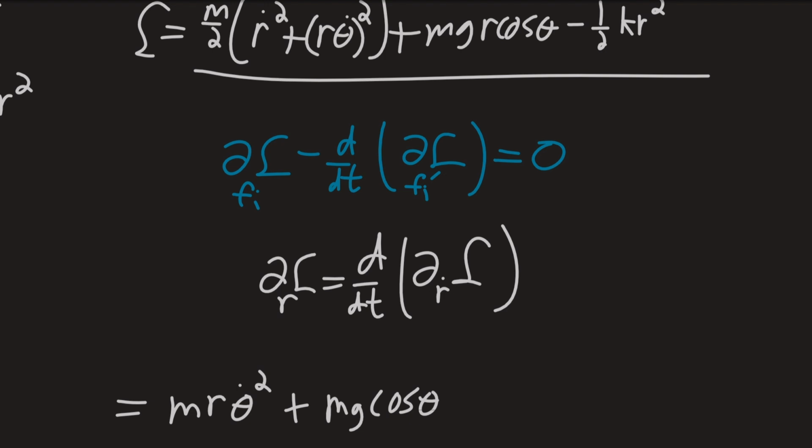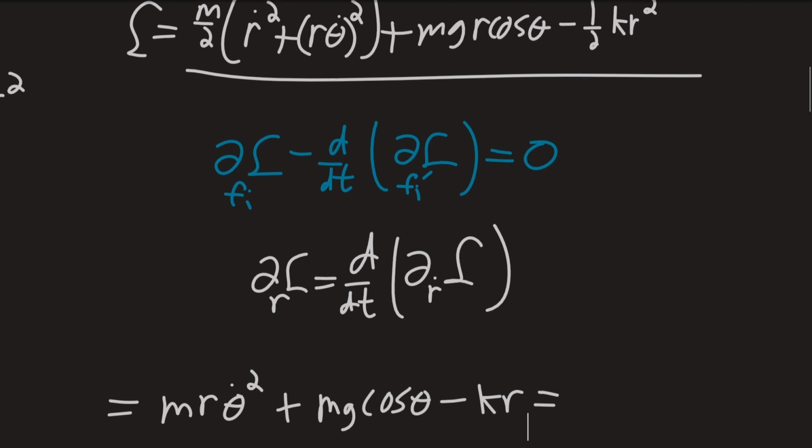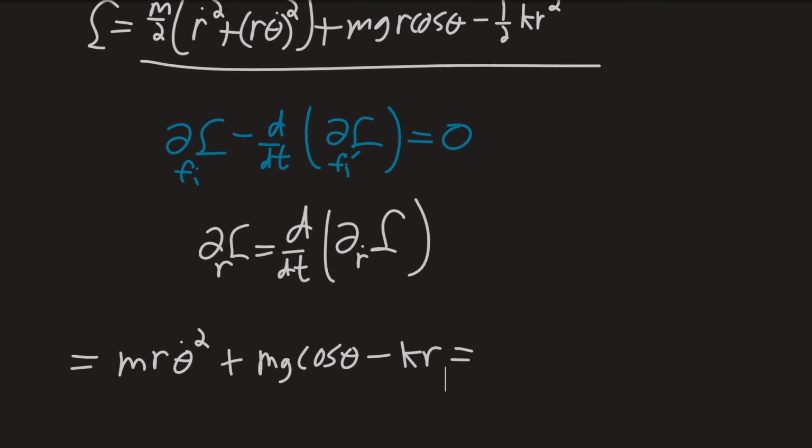And then we're just going to have minus kr here. And that must be equal to the derivative with respect to time of the partial derivative with respect to r dot of our Lagrangian. And that right there is actually a lot simpler because we only have one place where that appears. So that's just the derivative with respect to time of m times r dot, which is really just equal to m times r double dot.